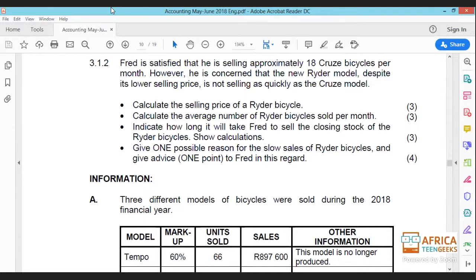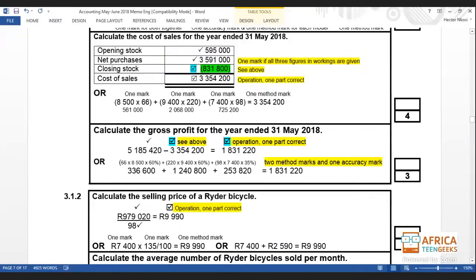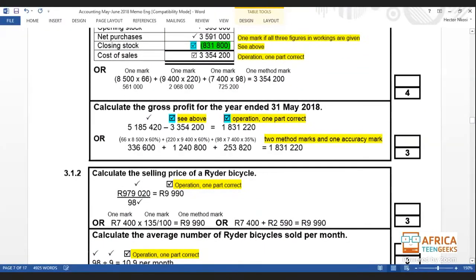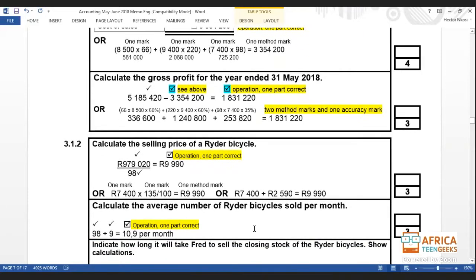Guys, you need to be able to do these things, because come exam, this is what I need you to do. This one was straightforward. You take your total number of bicycles, which is 98, divided by 9. Therefore, you're going to get 10.9 per month.